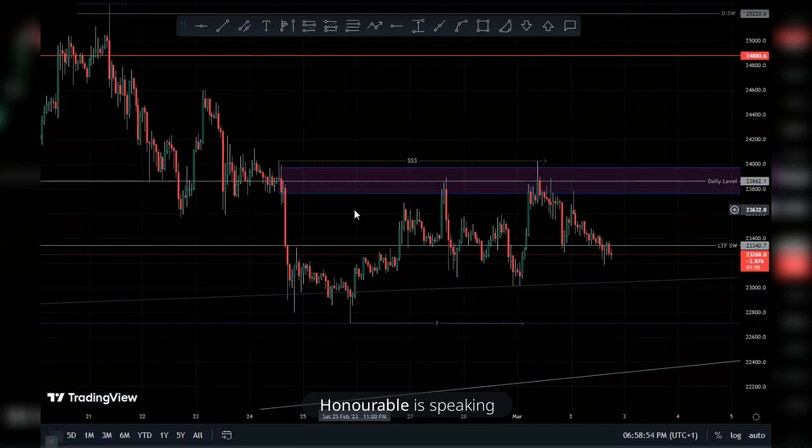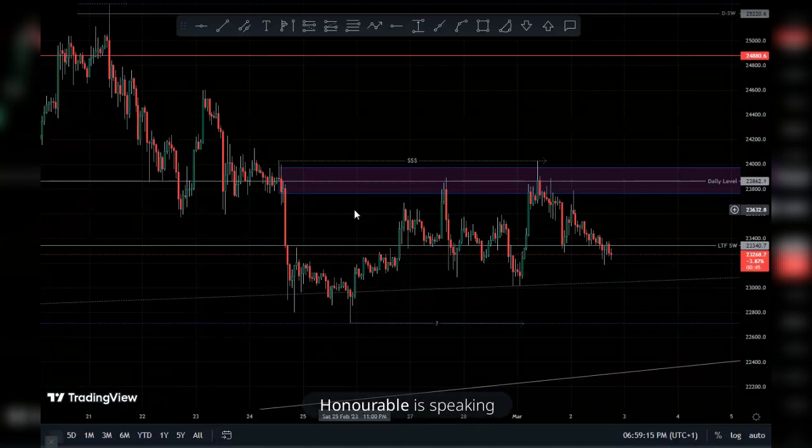So we use the Fibonacci retracement to get levels where price will retrace to and find support or resistance, respectively, for either a bullish or a bearish scenario. That's what we use the Fib retracement tool for.